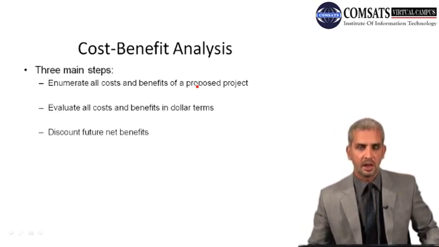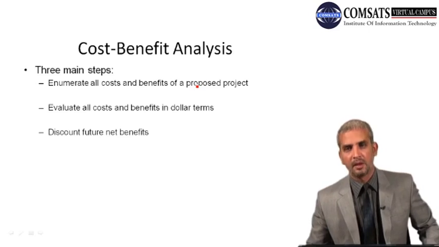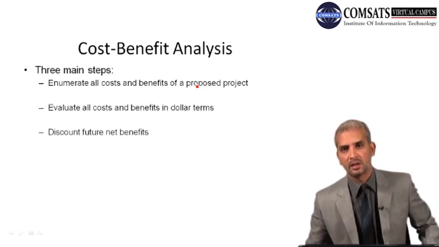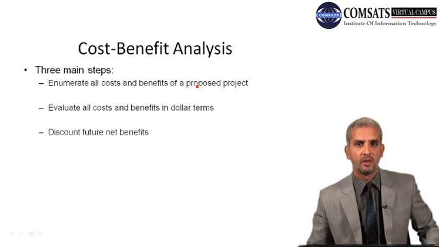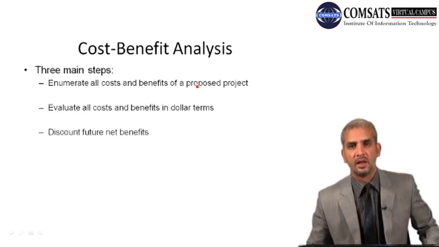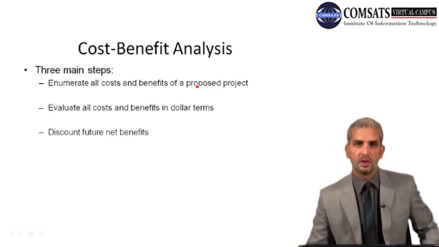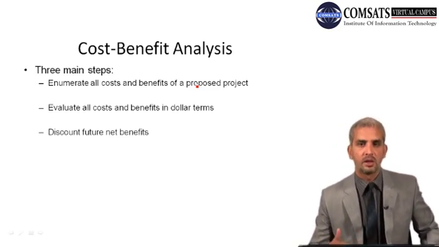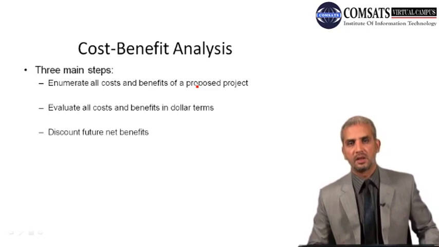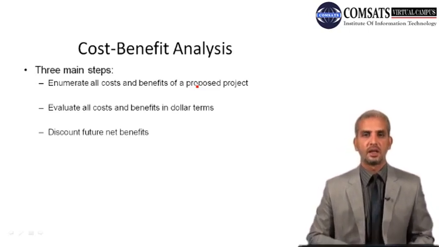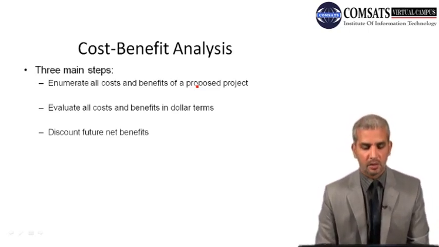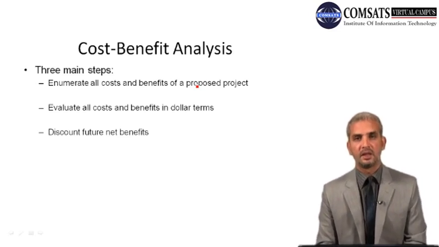It would not be comparable when we say that cost is $100 million and 500 lives are saved. So how can we compare those two? We need to put a dollar value on those lives saved, which will be discussed later in the slides, because that is the most difficult and most debatable thing to do. So evaluate all costs and benefits in terms of dollars.